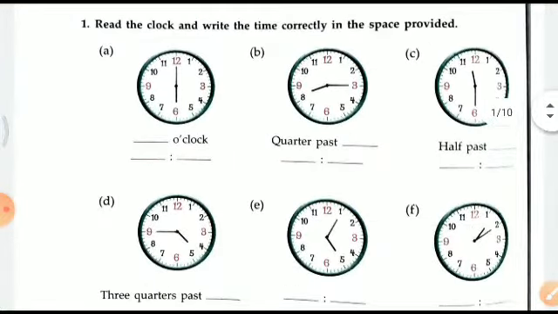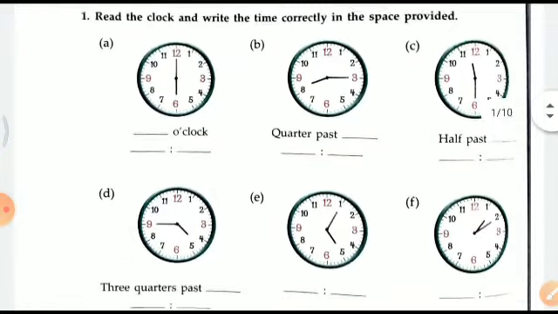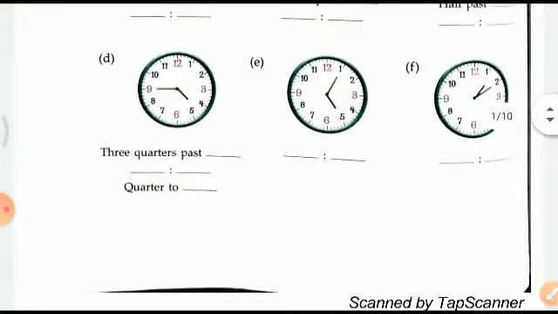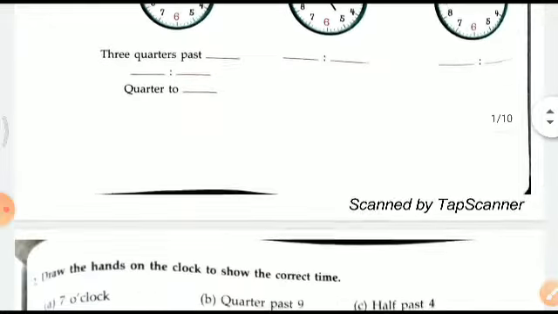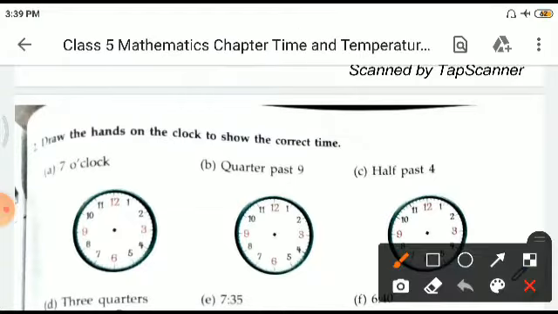In my previous sessions, we have discussed everything about time and temperature. We recalled what we studied in class 4th regarding the clock, the face of the clock, and how the arms position themselves. If it is 7 o'clock, then the bigger hand should be at 12 and the smaller one should be at 7.